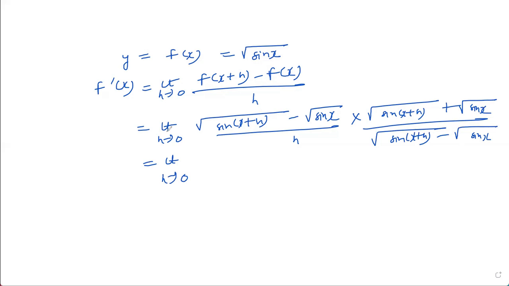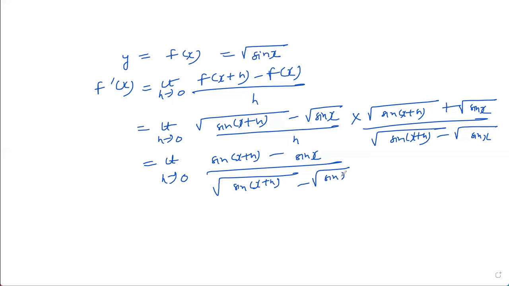If we apply square on the first one, then the square root will be removed. It will become sine of x plus h, minus the square of the second one, which is sine of x, whole divided by whatever we have in the denominator, which we'll write as it is. Now, if you see the numerator, there's basically a formula, isn't it? It is sine of a minus sine of b.